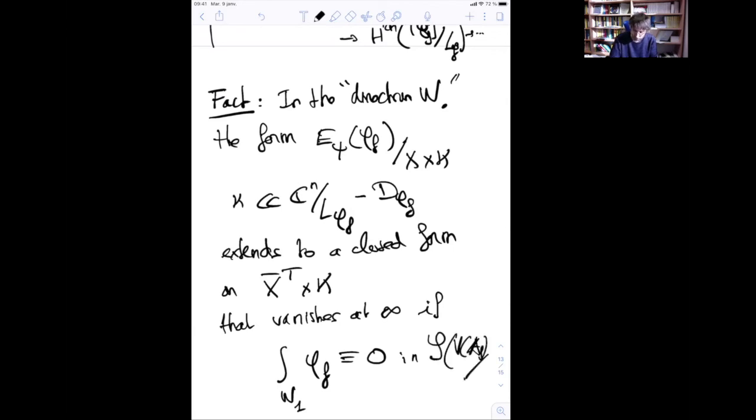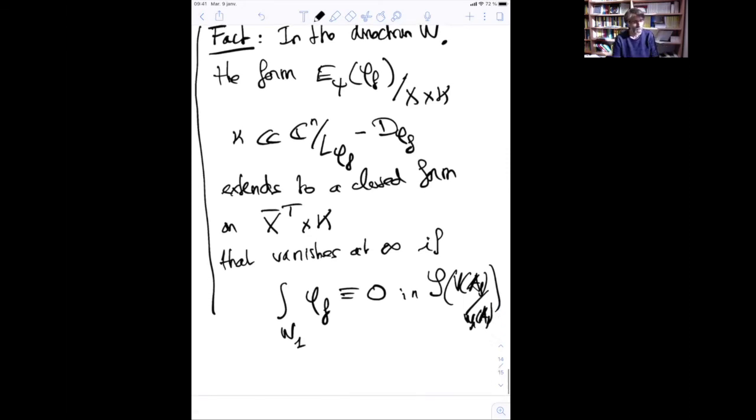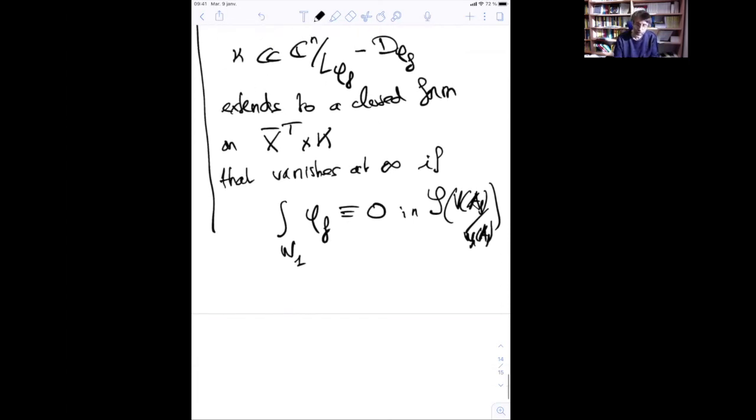So I cannot explain this condition. You really have to look at the constant term of the Eisenstein series to understand this condition. That's where it comes from. So I won't discuss it any more. But it gives a natural condition on the finite Schwarz space.